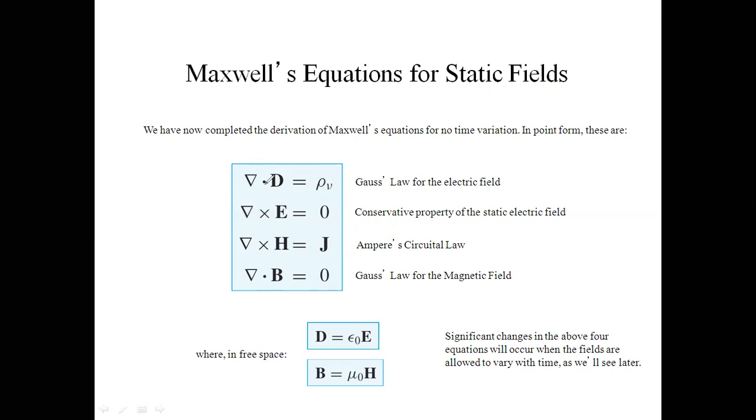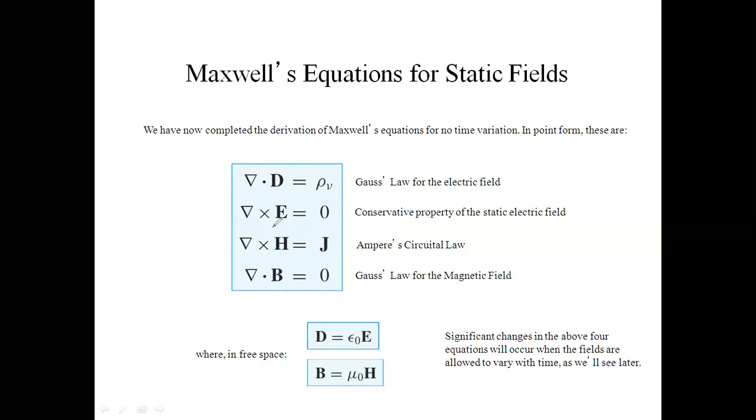It is the integral form of Gauss law. Here it will not be a line integral. For curl, it is a line integral. For divergence, it will be a surface integral. Surface integral D dot ds is equal to the volume integral rho v dv.